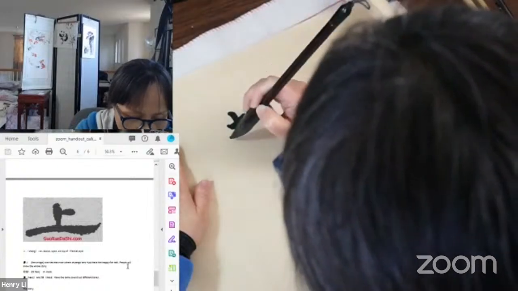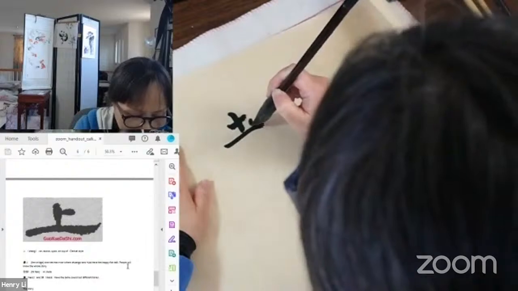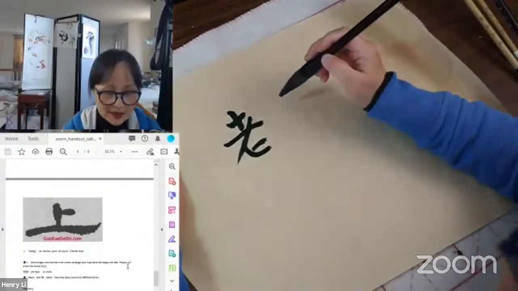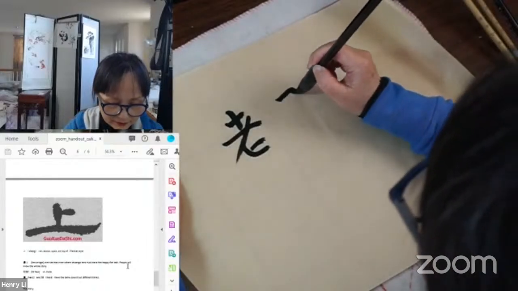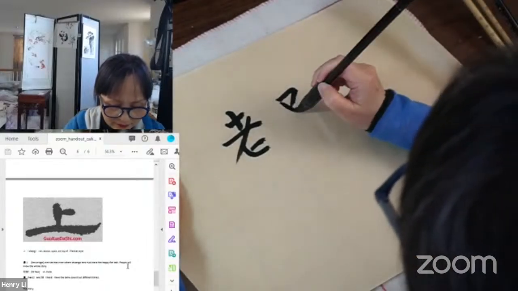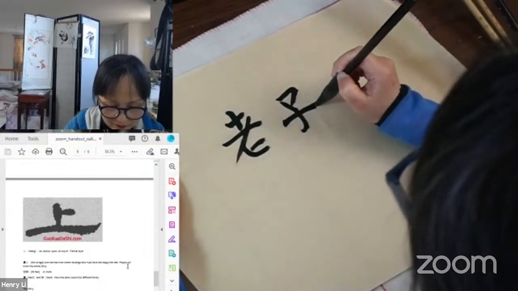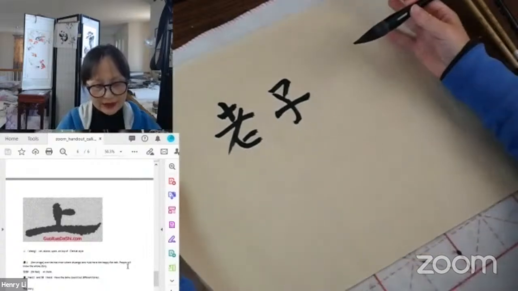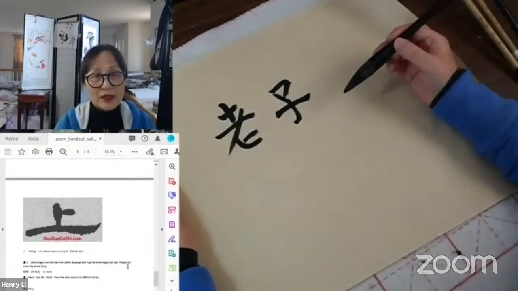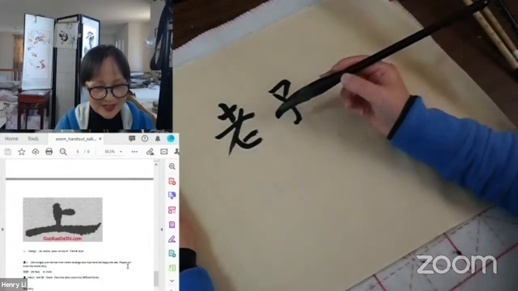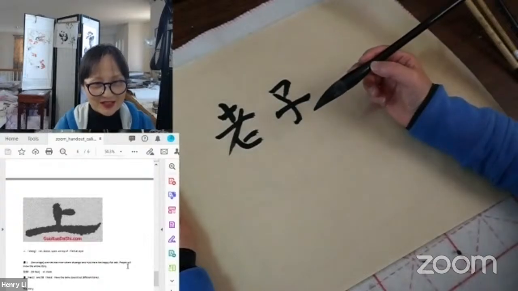By the way, we learned the character for Zi. By itself it means a son, but it's also put after most important persons, though not the most important. You and I, we will not do that.